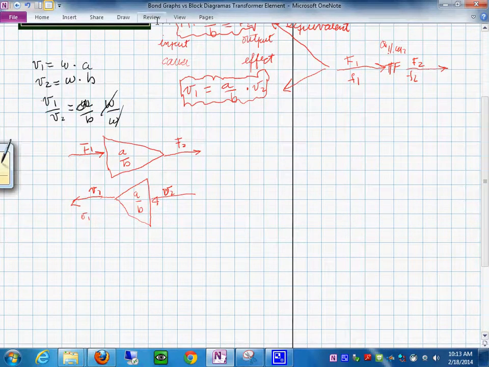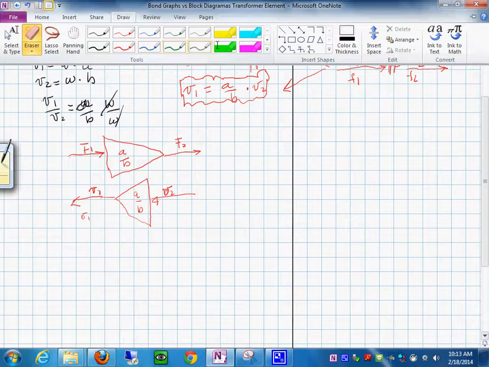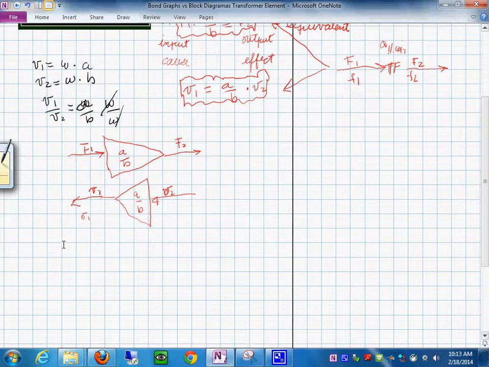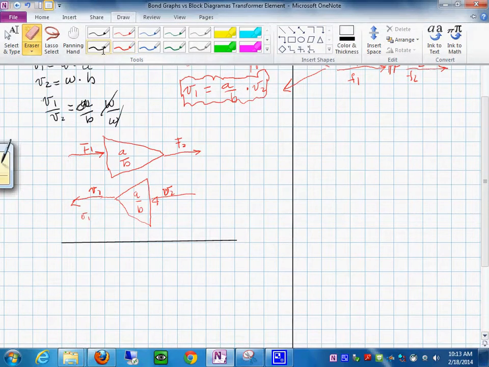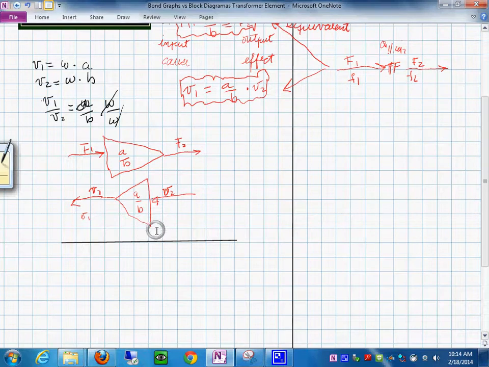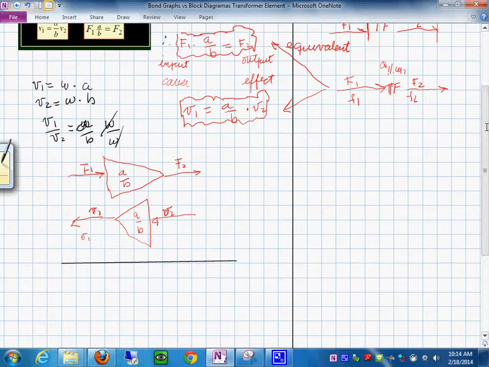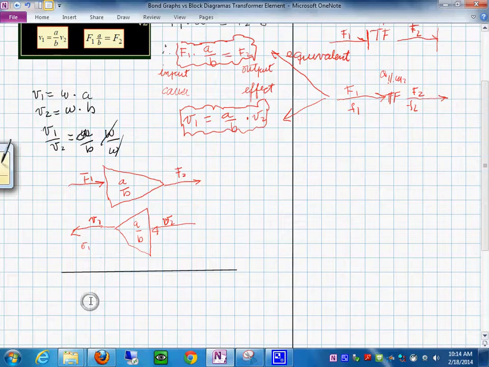Okay, very good. So now I need to show you how the equations would be written in a little different way. Let's take a look at this.